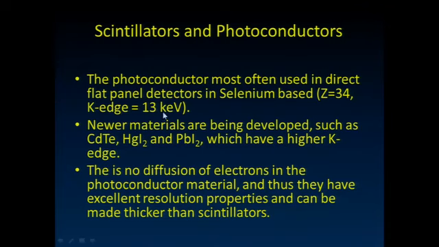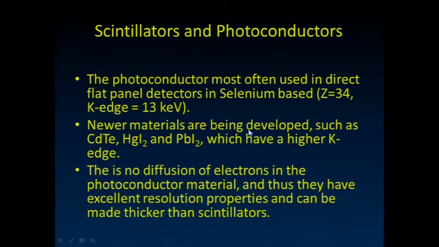And this 13 kV is much too low, right? We'd really like to get that up into the 30, 40, 50, 60 keV range to really match that nicely to the mean energy being produced when we do fluoroscopic imaging, let's say with 80 kVp across the X-ray tube.